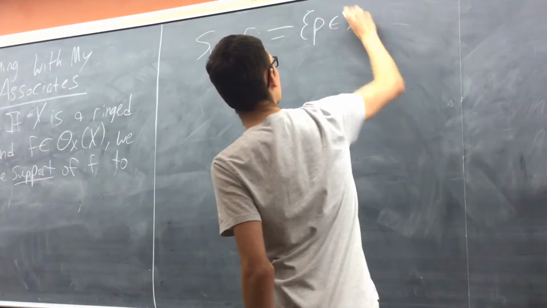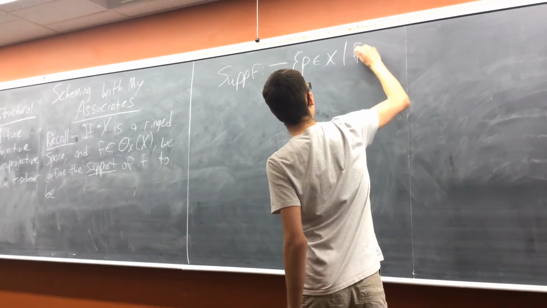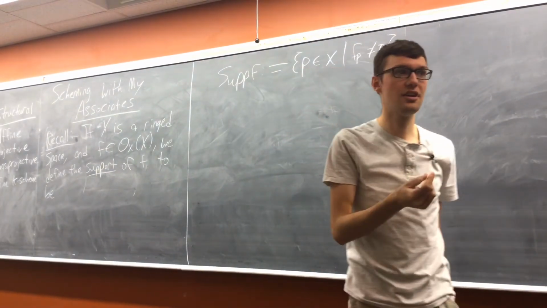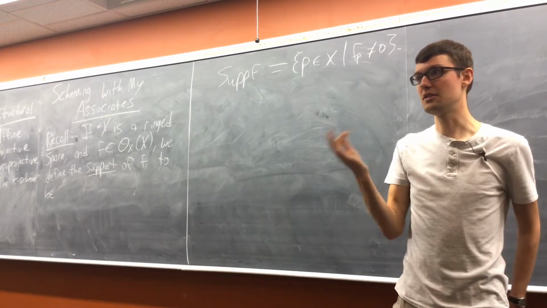You look at all points in your scheme where the image of f in that stalk is not zero.